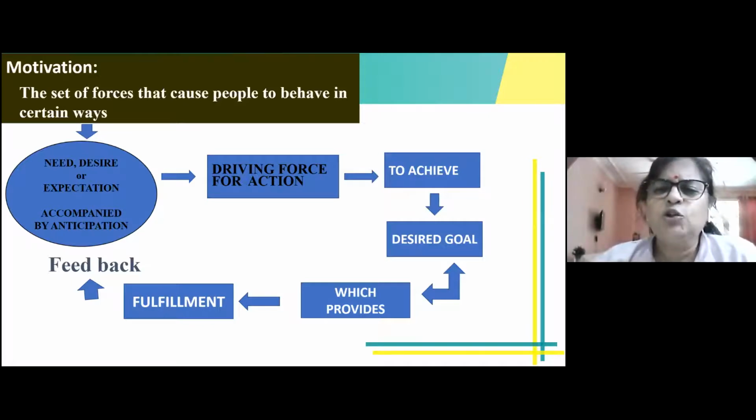And if your thoughts are very intense, if they are persistent, they become the driving force for action to achieve a desired goal, which provides you with fulfillment, but also with feedback, whether you want to do it the same way, you want to do better, you want to do differently, and so on.